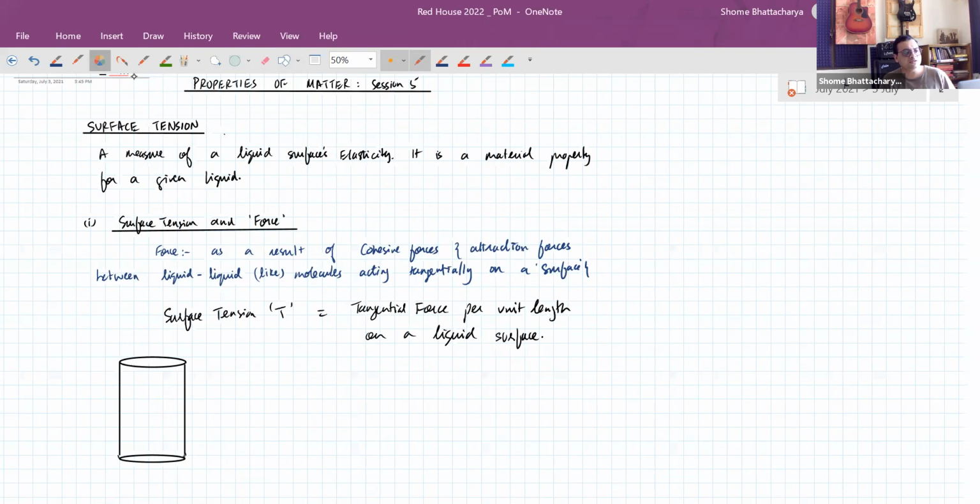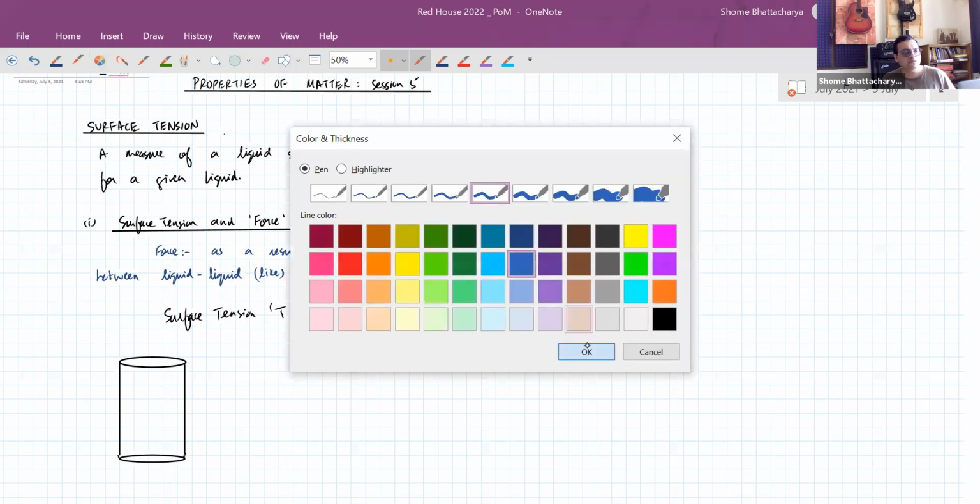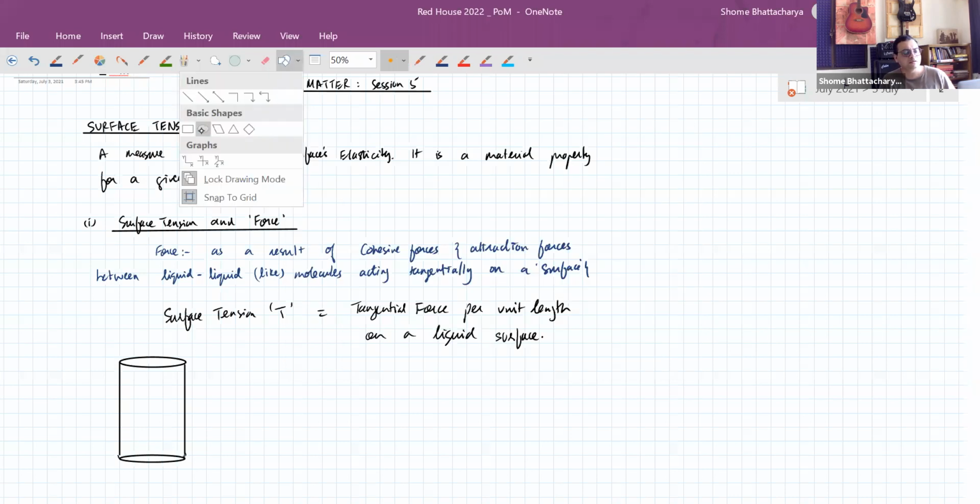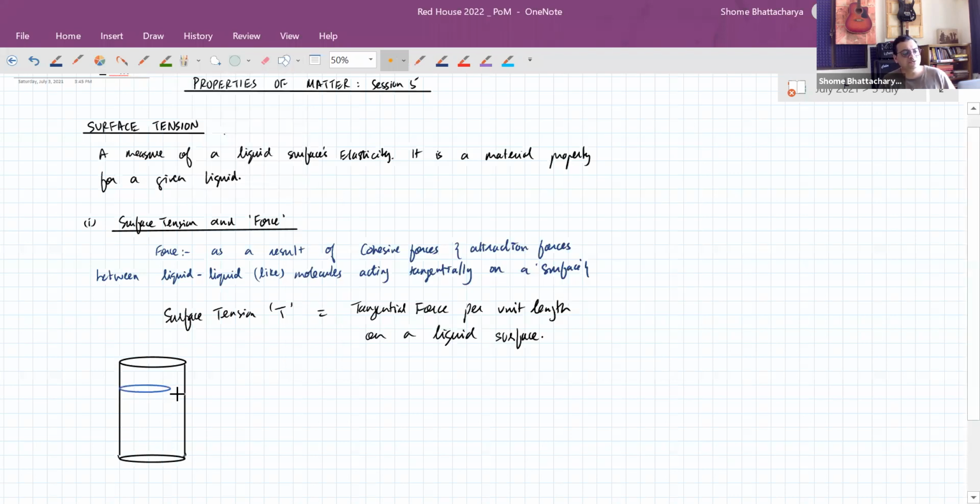And that's what gives the surface its property of elasticity. So force per unit length is a material property of the liquid. So its value actually depends on the chemical composition of the liquid, the exact molecular structure and all that.